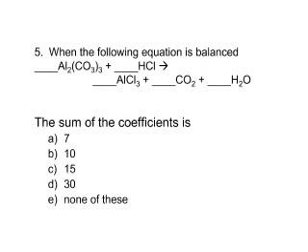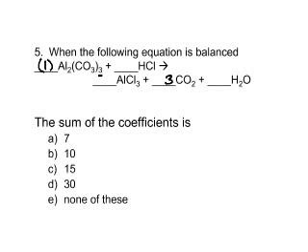When the following equation is balanced, what's the total sum of the coefficients? Now, what you want to do oftentimes is put a 1 right here and try and figure that out. And you've got Al2(CO3)3. Let's look at the carbons. There'd be 3 carbons here. The oxygens are in 2 places, so I'll wait on the oxygen.